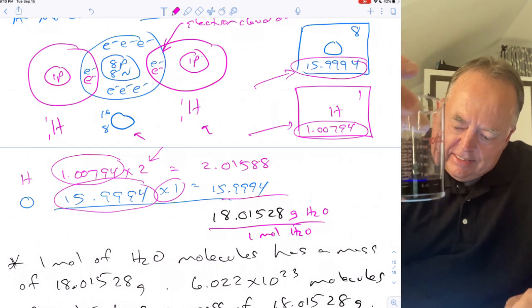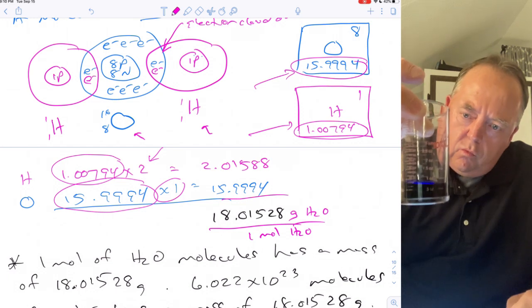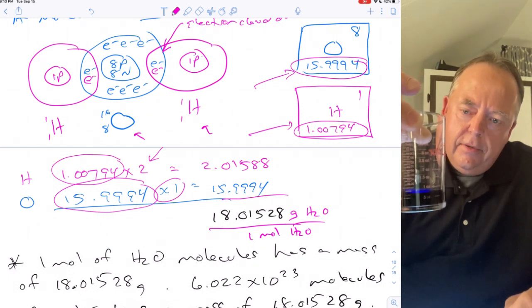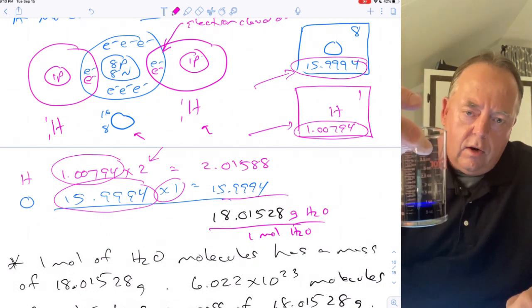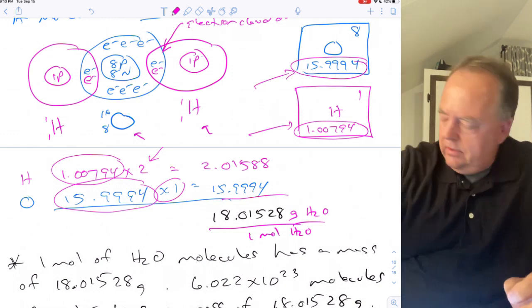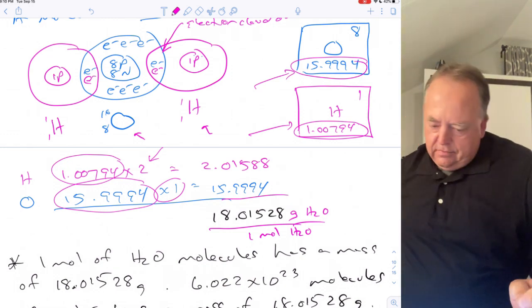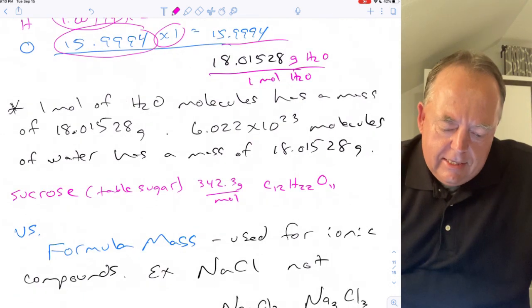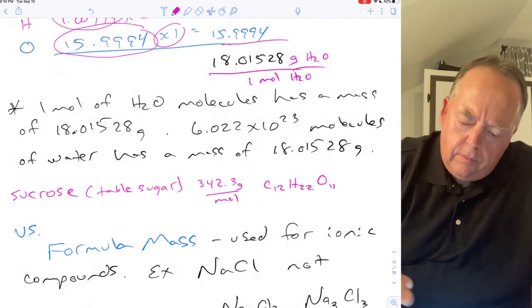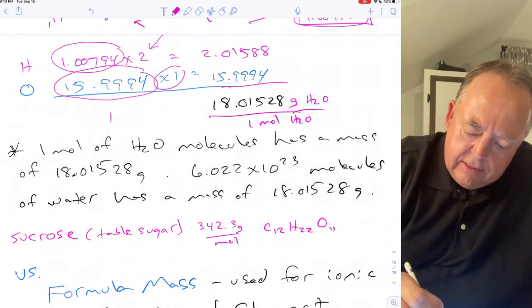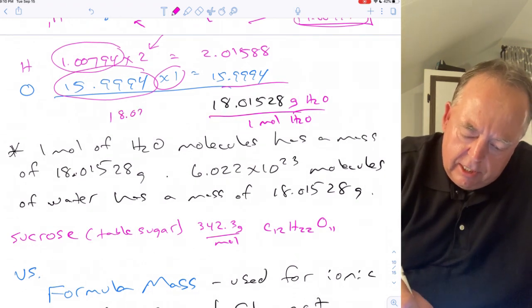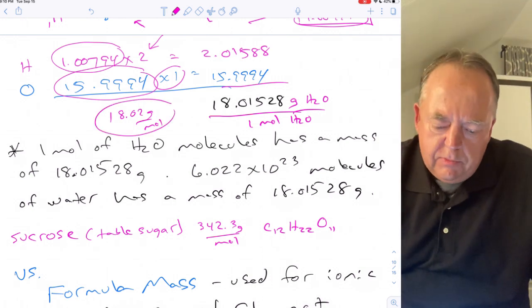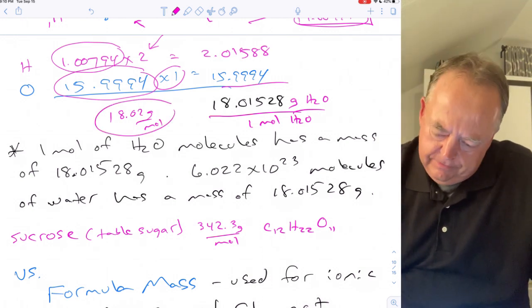So there are 6.02 times 10 to the 23rd water molecules in this cup, right? That's a staggering number of water molecules. Okay, so 1 mole of water molecules has a mass of 18.015 grams. For our purposes, we can just take molar mass and let's just round it to 2 decimal places. So 18.02 grams per mole will be fine for calculations.